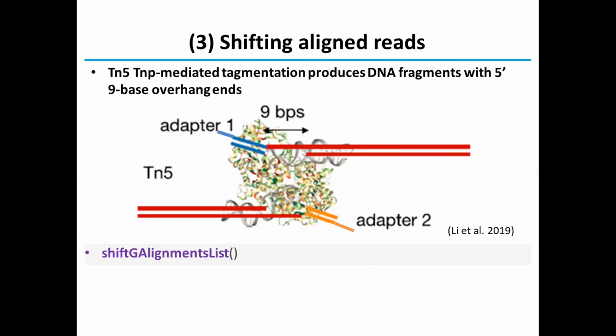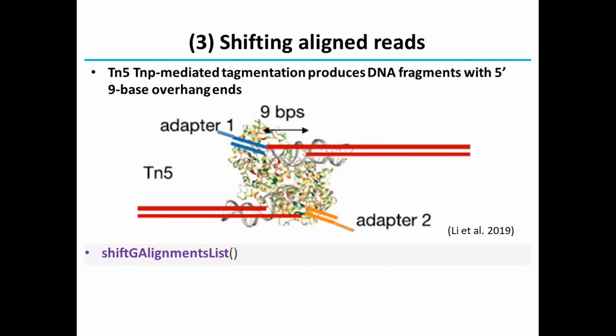The Tn5 transposase cuts the DNA and produces a nine base overhang at the 5' ends. So to center the cleavage events, we need to shift the coordinates of the aligned reads.